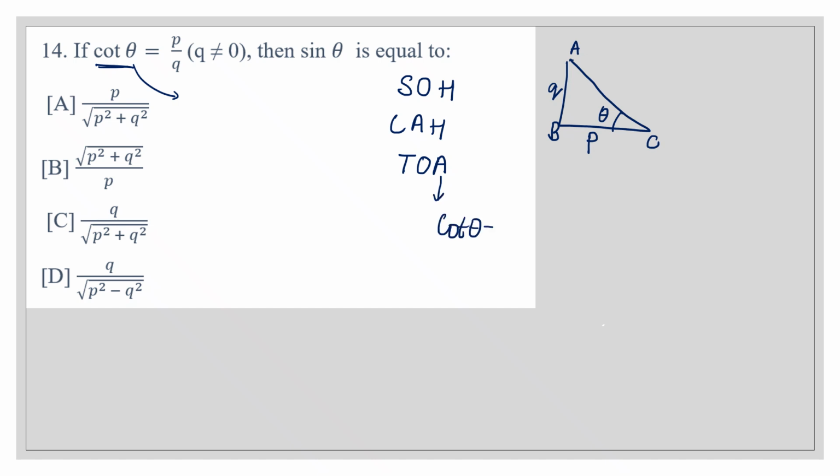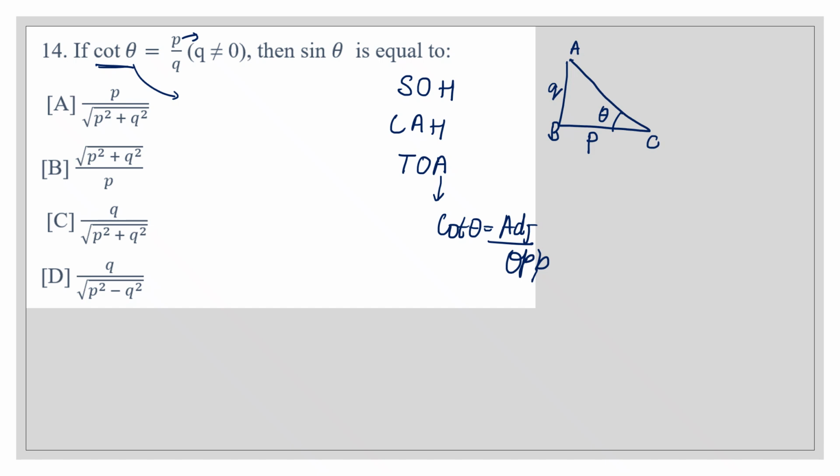Cot theta will be adjacent upon opposite. So this one is adjacent. That is why P is BC and the opposite is Q.